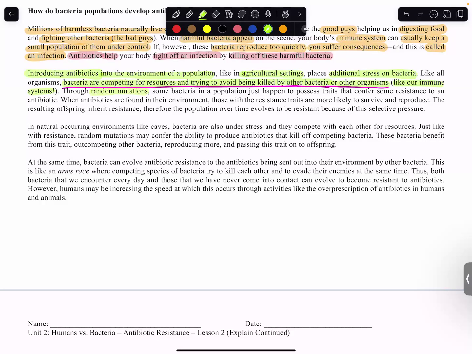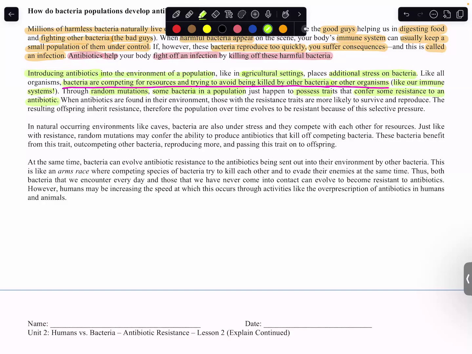Through random mutations, some bacteria in a population just happen to possess traits that confer some resistance to an antibiotic, right? So through mutations, some of the individuals within the colony, within the population, have these traits that are just really excellent at resisting these antibiotics.